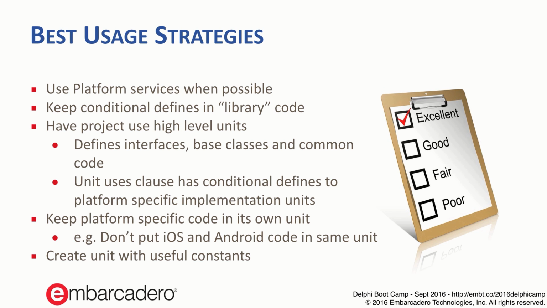But when you do need to use conditional defines or compiler directives, do that in library code. And generally you're not going to put iOS and Android code in the same unit. For example, you're going to have one unit that implements the iOS version and one unit that implements the Android version.